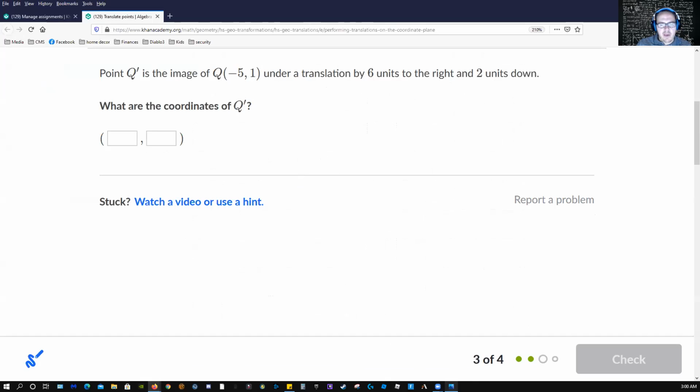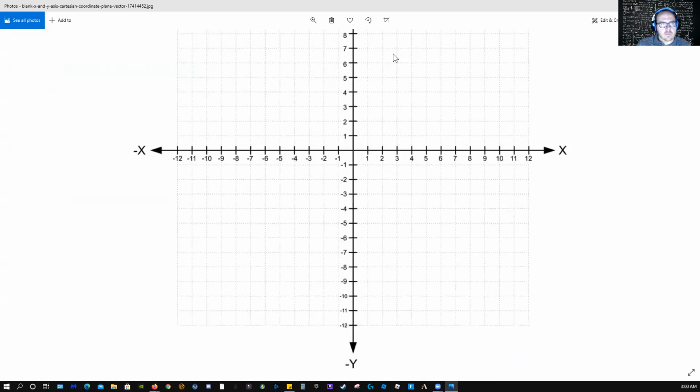So what you need to imagine, let me put a stamp at negative 5, 1. So negative 5, 1. Okay, so if you're not very good at graphing, you're really going to have to get a handle on this, because this is just assumed knowledge. So negative 5, 1 is right here.